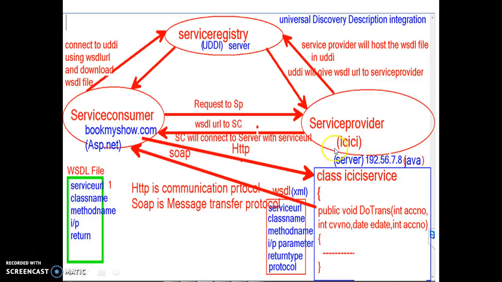First he will create the service, and after creating the service, a simple class as I told, he will keep this service on the server. And where the service is located, that service URL, the class name, service names, method names, input parameters, return types, the entire information of this particular service is documented in one document. The name of the document is WSDL. You can simply call it WSDL, Web Service Description Language.